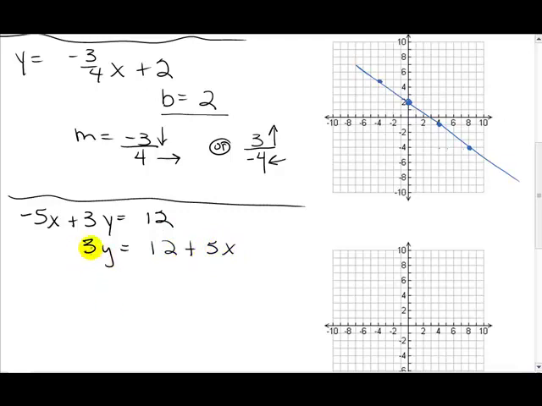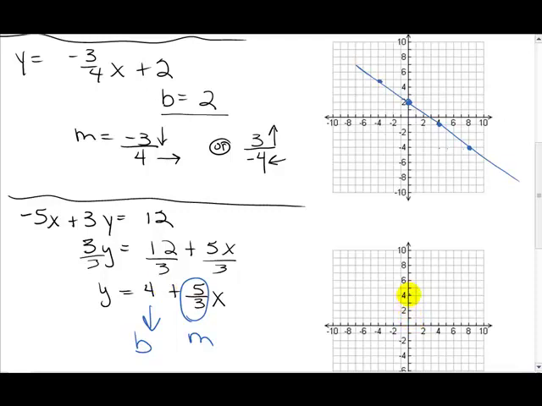Then we'll divide by 3, divide by 3, divide by 3, so that y will equal 4 plus 5/3 x. Now, even when the x isn't in the first position, we know that this is our slope and that this is b, because it's the number that's by itself. It's the constant. So that's where we will begin, at 4.